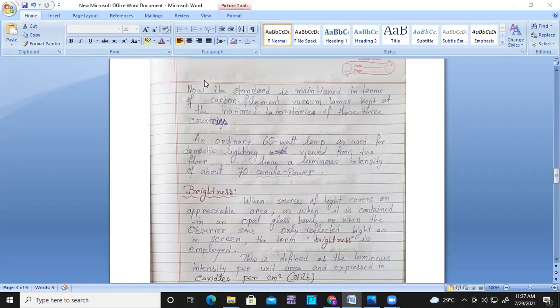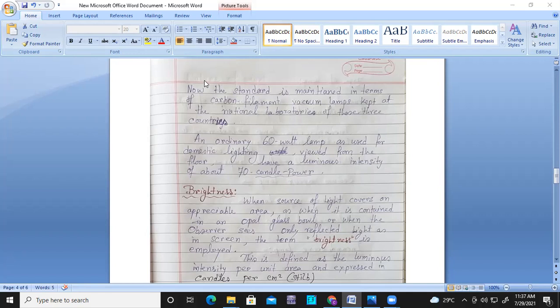What is brightness? Look, whenever we are watching TV or any light emitting or light reflecting object, we use the word brightness. Just reduce the brightness, just increase the brightness. Brightness means how much will penetrate your eye.